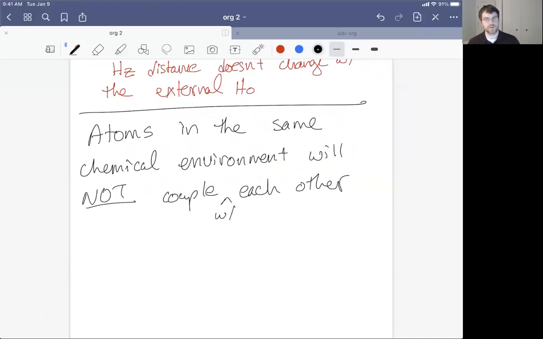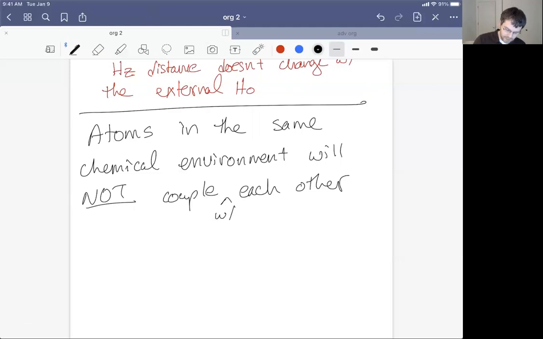And that's because they're all being excited by the frequency causing the one to flip. So what I'm saying is HA won't couple with all the other HAs because if you excite one HA, you excite them all. And if they're all excited, they're all then in the beta state. And so they're not going to be able to couple each other. They're all in the same state.